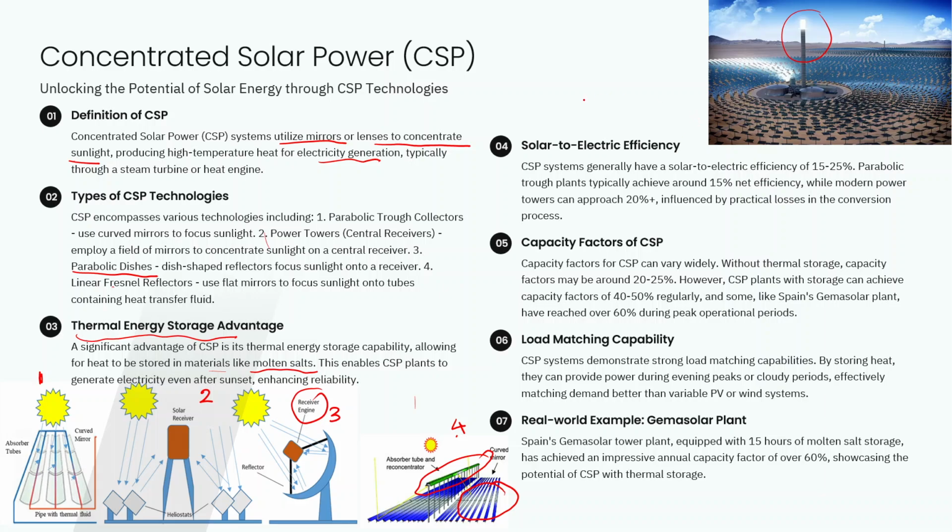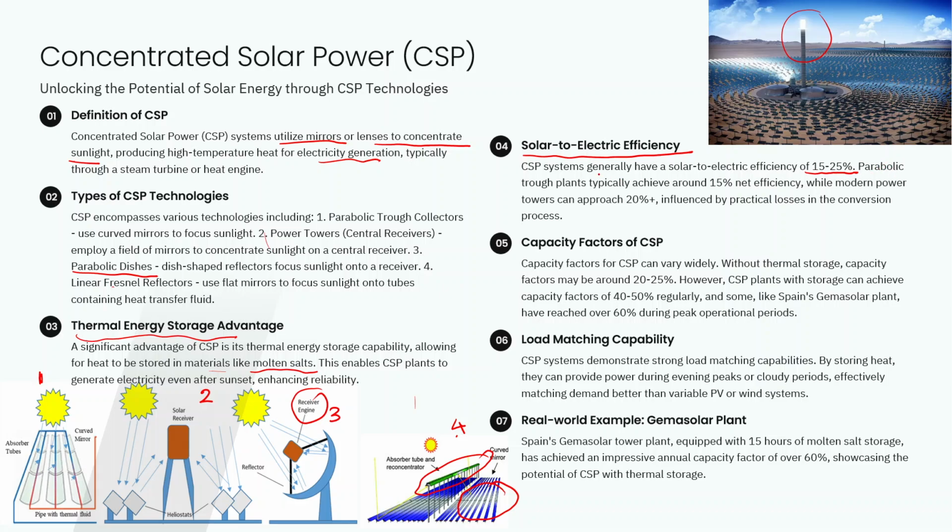So if you look at the solar to electric efficiency, concentrated solar power systems generally have an efficiency of 15 to 25%, right? In the solar PV system you had 15 to 20%. Now here you have 15 to 25%. It also depends on the technology.